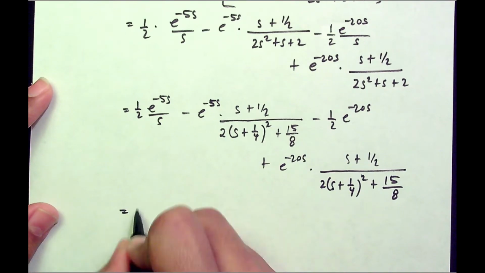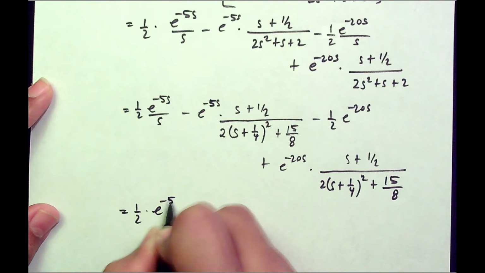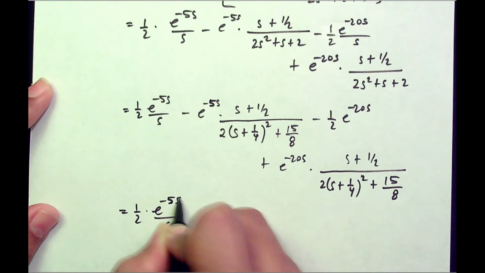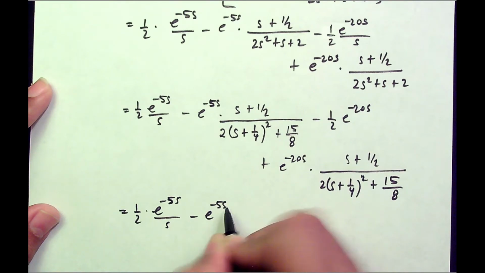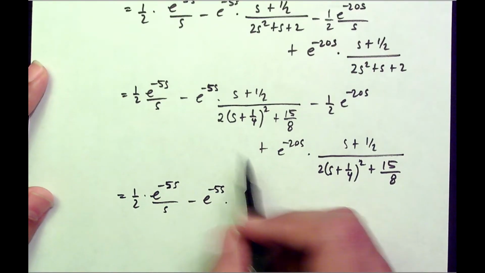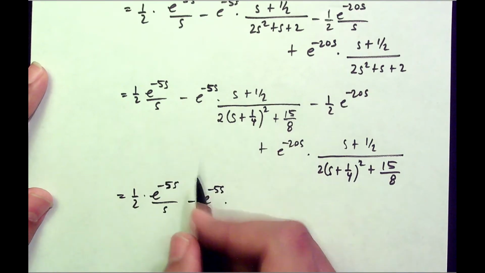So this is going to be 1 half times e to the negative 5s over s minus e to the negative 5s times, now you need to pull out that 2, so I'm going to factor out a 2 from both.